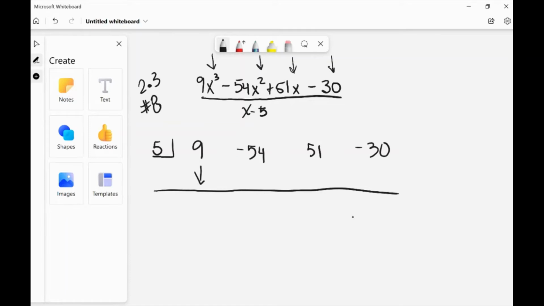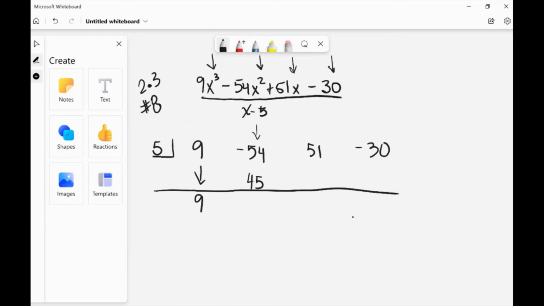We bring down our 9. We multiply. What do we get when we multiply? 45. Then we add these two numbers together. What do we get? Negative 9.